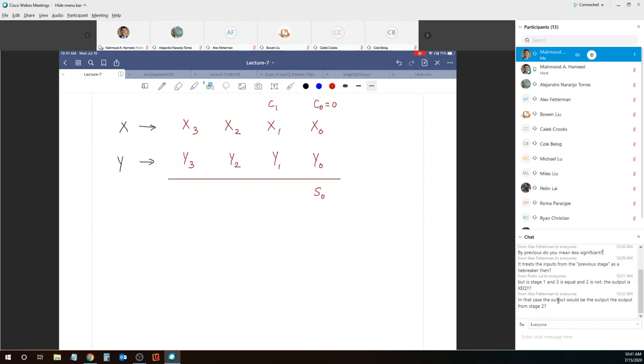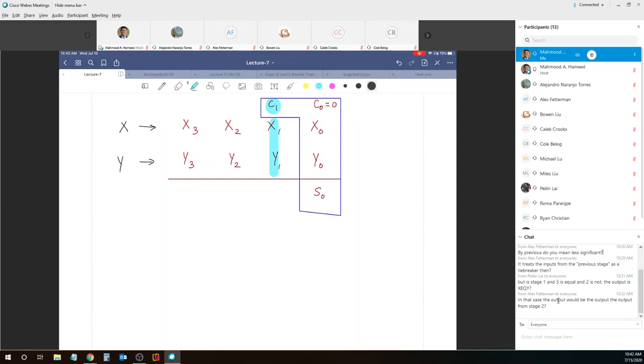Now let's focus only on this part. Can I say that I will not be able to carry out the next addition until I actually find C1? I will not be able to carry out the next stage addition unless I know C1.